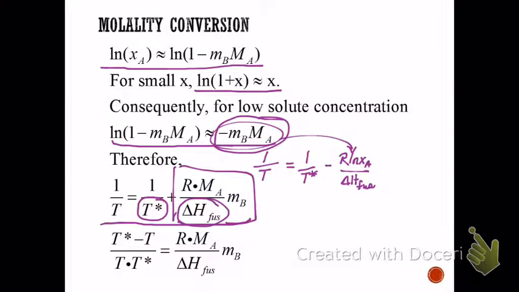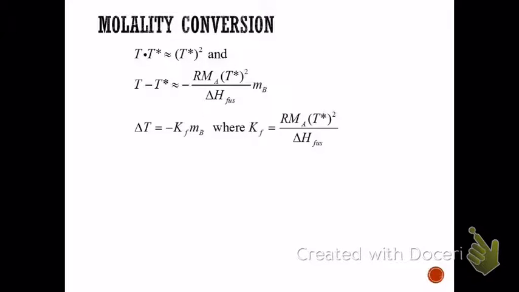All right. So then again, rearranging the equation, bringing the 1 over T star over to the left side and doing a little bit of algebra to get these together, we end up with this expression where we have all the temperature terms on the left, and then we have the molality dependence on the right.